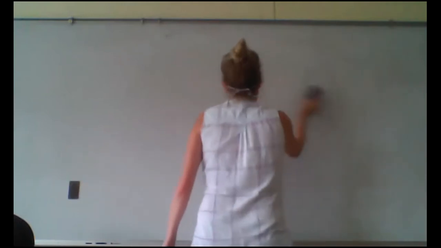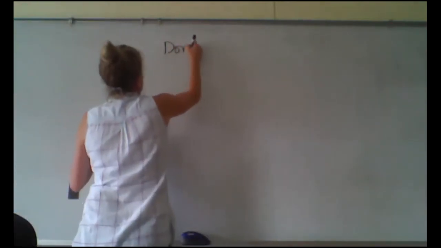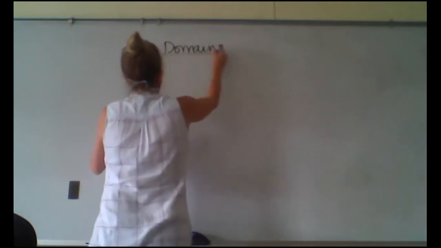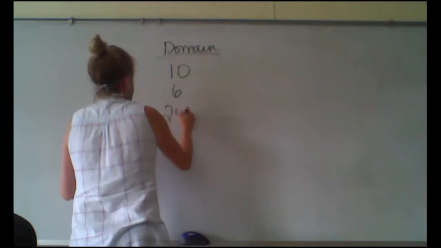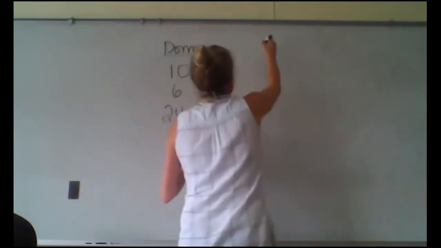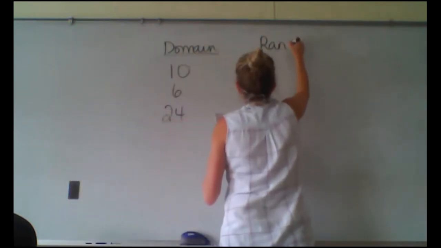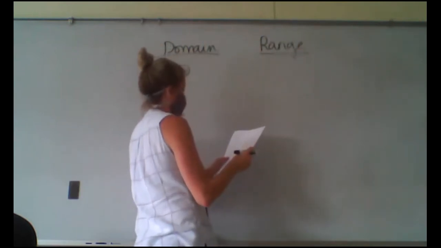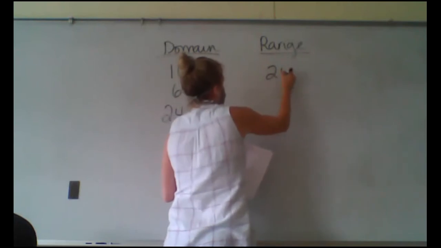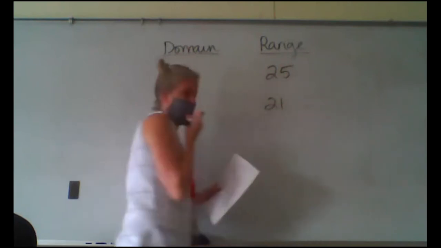So let's look at the first few problems. Number 1 gives me a list of numbers in the domain, which is 10, 6, and 24, and another column for the range, which gives me two numbers, which are 25 and 21.